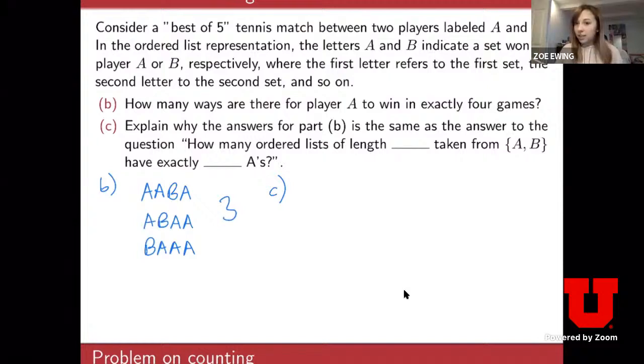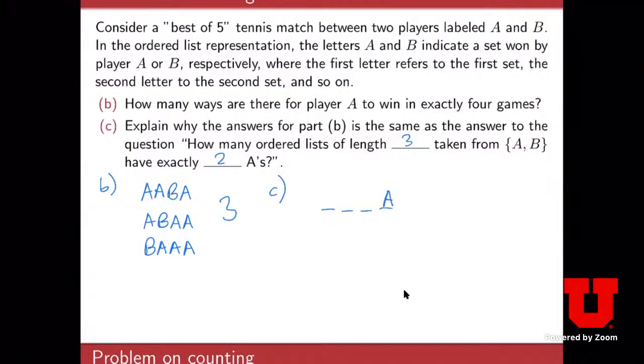That is the instinct. Oh, 3 and 2. Yeah, exactly. So the reason for that is we know that we have 4 games, and in order for it to end at the 4th game, this last space has to be an A. So we end up with 3 blanks, and we need exactly 2 of them so that A can win 3 games. So that's how we get that answer.